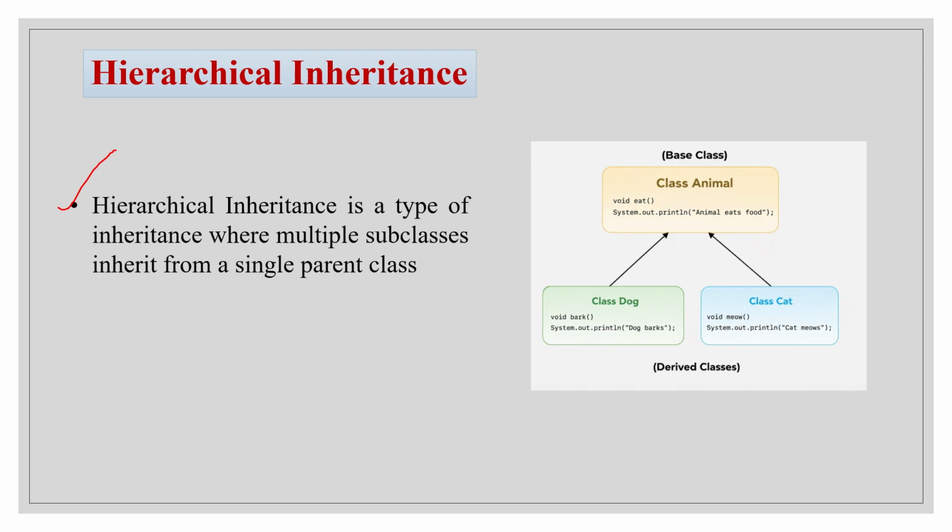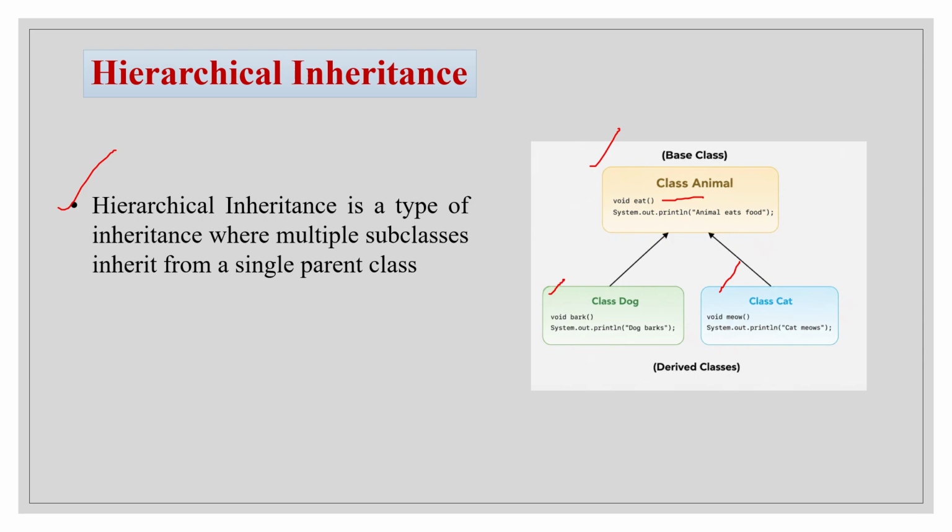So, remember this point clearly. One parent class with many child classes, and this is called hierarchical inheritance. In this example, we have a parent class called animal class, and this parent class contains two child classes to it, which is dog class and cat class.